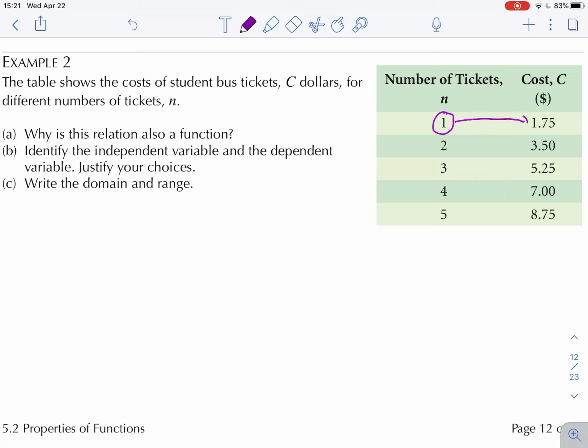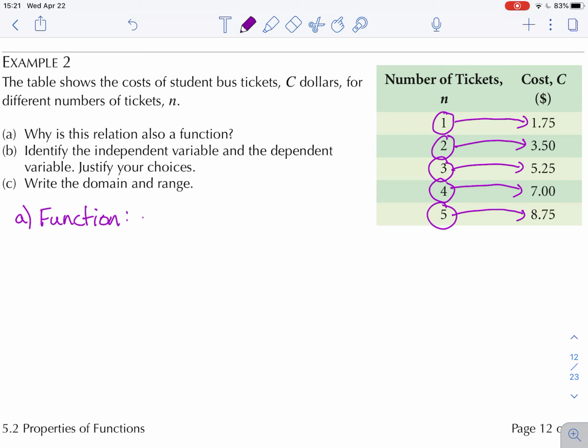Well, let's take a look. Does every item in the domain go to exactly one item in the range? Our 1 goes to 1.75, our 2 goes to 3.50, our 3 goes to 5.25, our 4 goes to 7, our 5 goes to 8.75. Every item in the domain goes to exactly one item in the range.